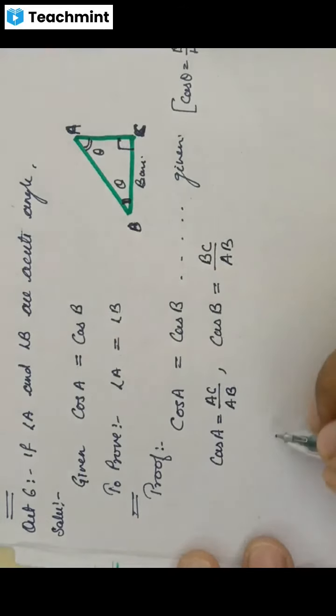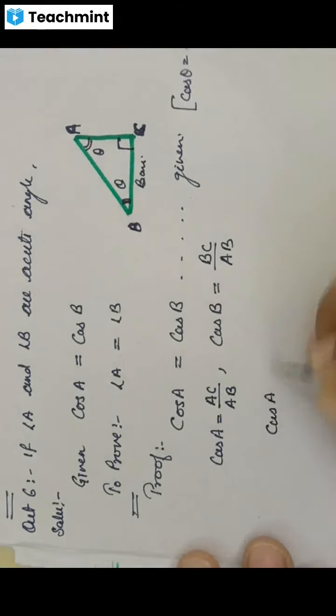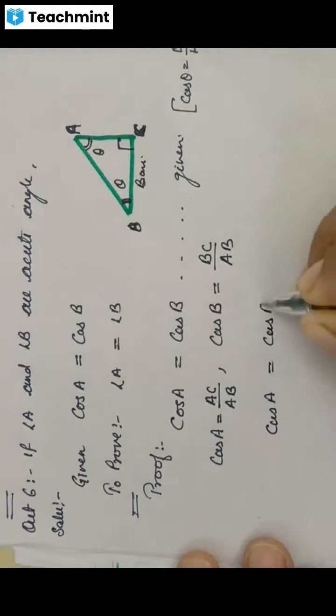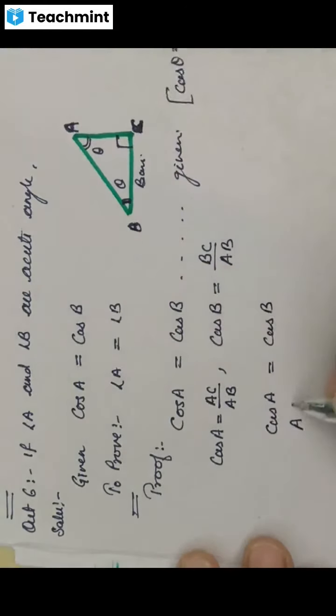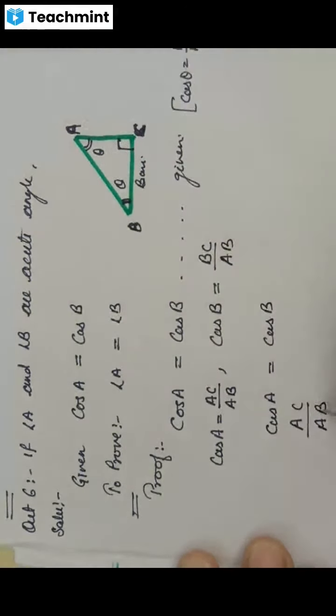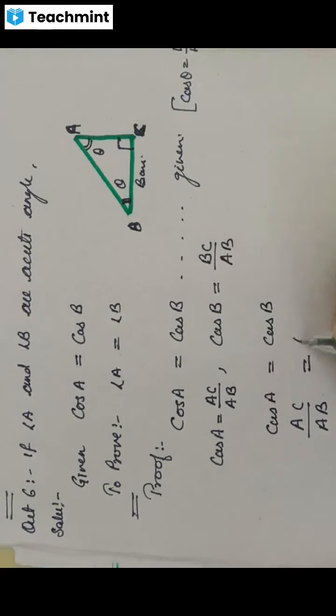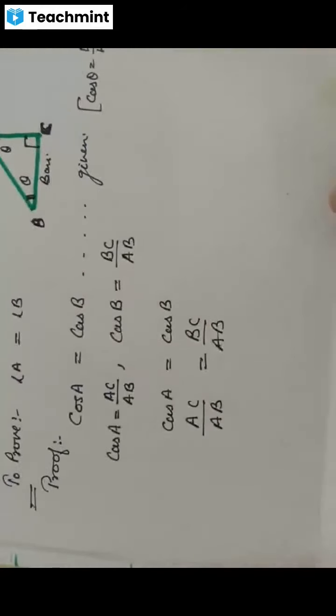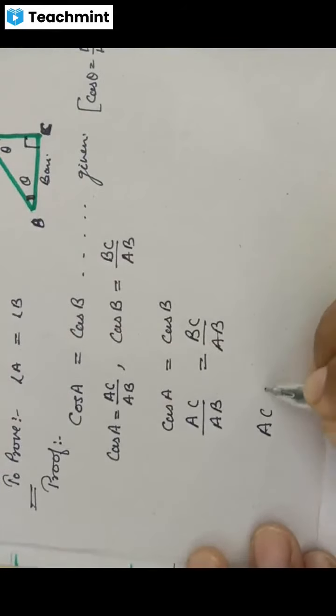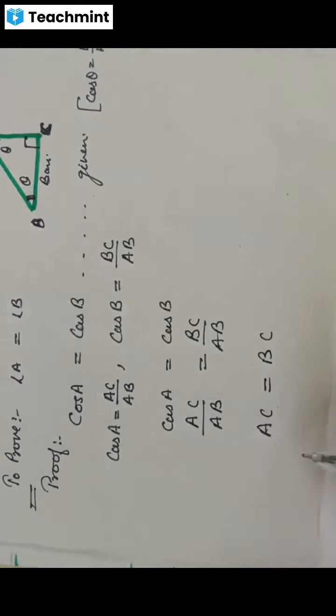So I can write, your cos A is equal to cos B. So cos A is your AC upon your AB, and cos B is your BC upon AB. So from this we will have my AC is equal to BC. That means the side AC is equal to side BC.